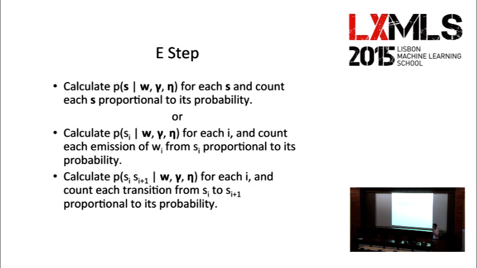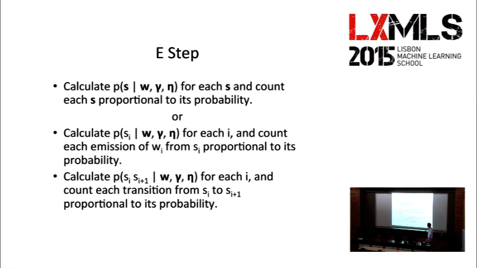Right? If this state sequence gets 5% of the probability mass, every event gets a 0.05 count. That's not very efficient because we know there are exponentially many of these state sequences. So instead, for each position, we might calculate the posterior using the forward and backward probabilities, and then count the emission proportional to that posterior probability. Much, much more efficient.